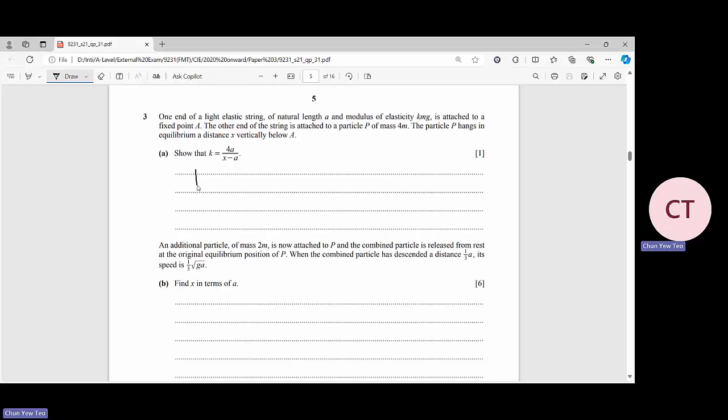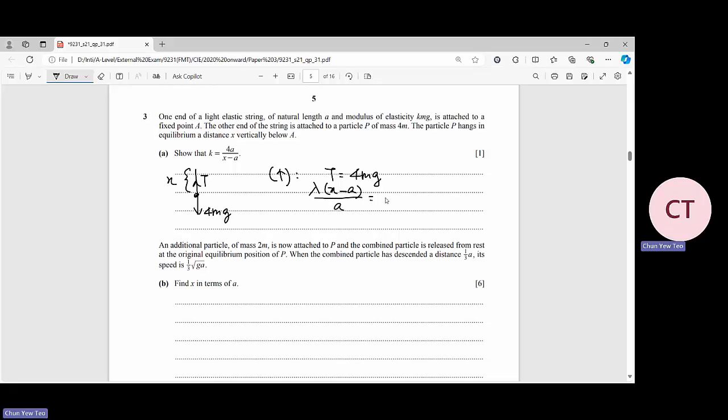So for this question, we can have a diagram here. This is the tension, and the weight is 4mg. If you resolve the forces vertically, you have T equal to 4mg. If you are using Hooke's law, it will be lambda times the extension over the original length. The extension over here, this is x, so the extension is x minus the original length a.